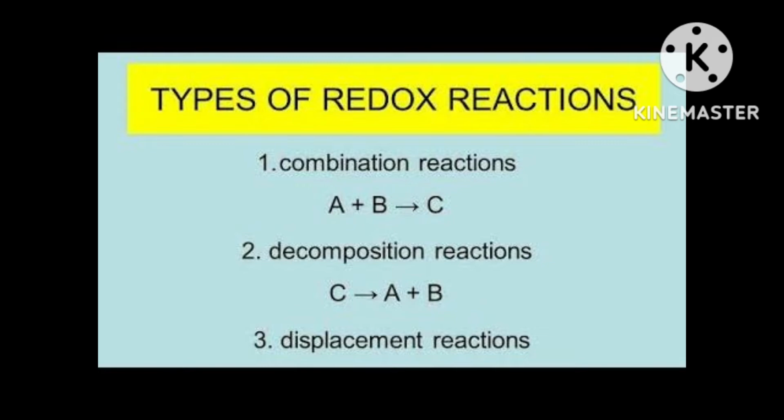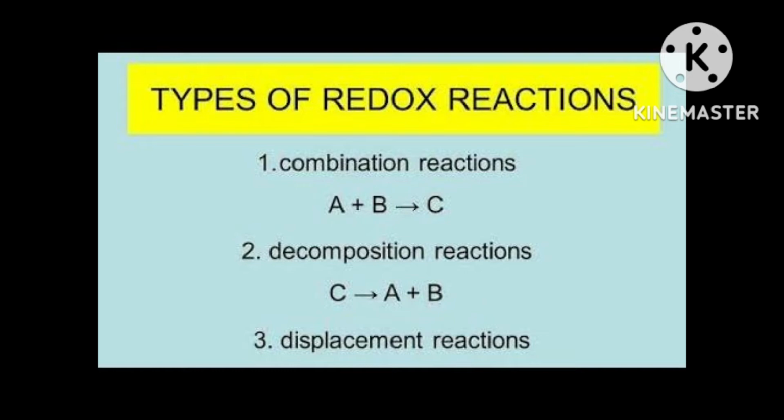Third example, CH4 plus 2O2 gives carbon dioxide plus 2H2O. CH4 means methane. These three examples I told you are all examples of combination reaction.